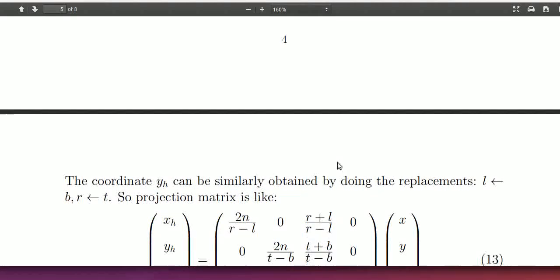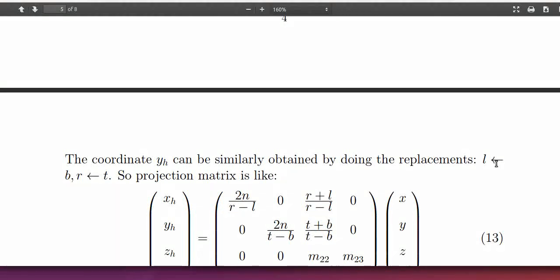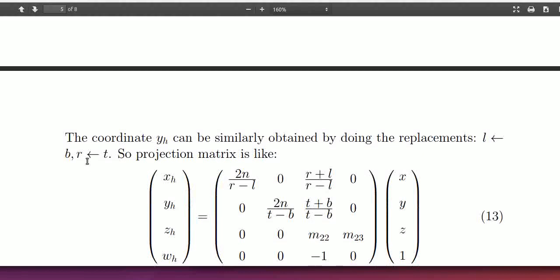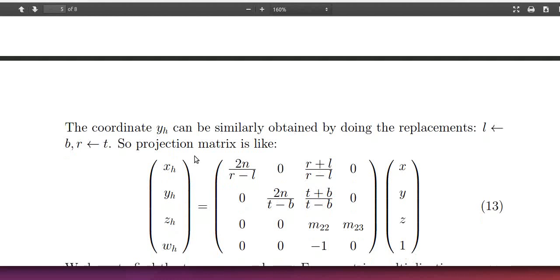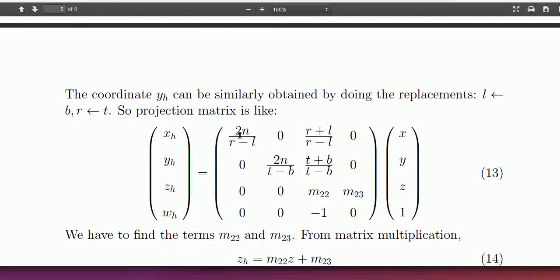The coordinate yh can be similarly obtained by doing the replacement, L replaced by B, R replaced by T. So the projection matrix is like this. This is what we had. So for the yh, R replaced by T, L replaced by B, so we get this, and this term corresponds to this.